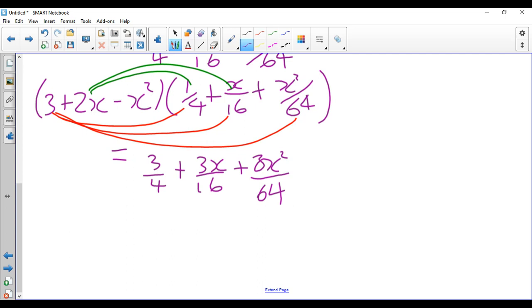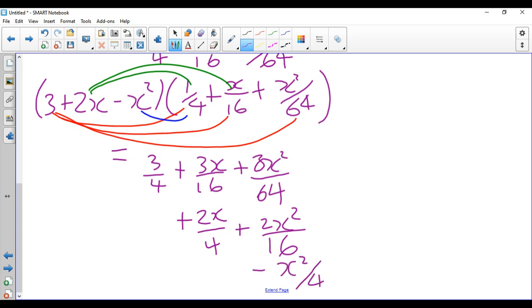So 2x over 4, plus 2x squared over 16. You'll notice by lining it up like this, it takes a little bit of room on your paper, but it does make it an awful lot easier to add up. Last but by no means least is that one times that one, so that's minus x squared over 4.